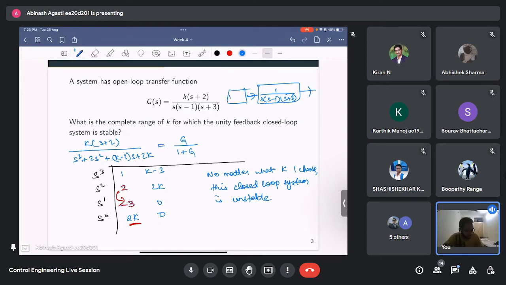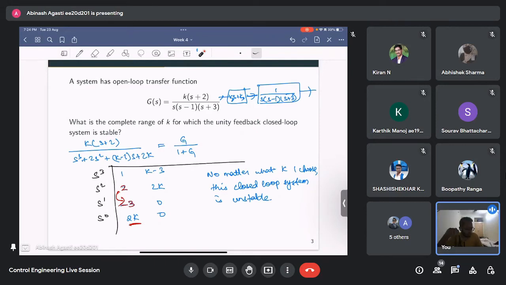Say that is of the form some kp s plus some other constant kd, right? Then I want to see whether this controller that I am using will be able to stabilize the system or not for whatever value of k I might want to choose.